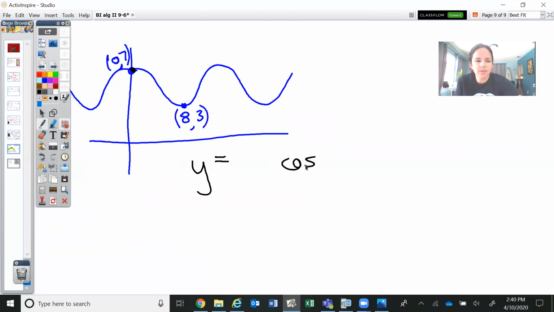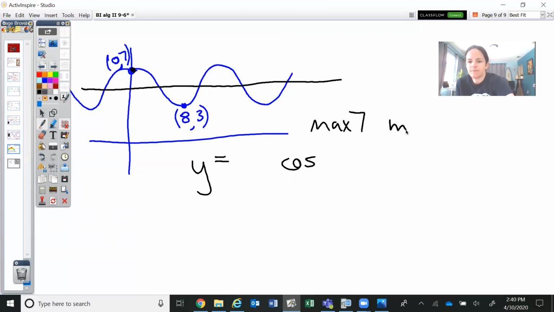And I need to figure out what the period is, and what the amplitude is, and what the principal axis is. So I'm going to look at the max and min values. The max value is 7, and the min value is 3. So that means the range from 3 to 7 is 4 units, and so the amplitude must be half of that. So 7 minus 3, which is the range, divided by 2 is going to be your amplitude.